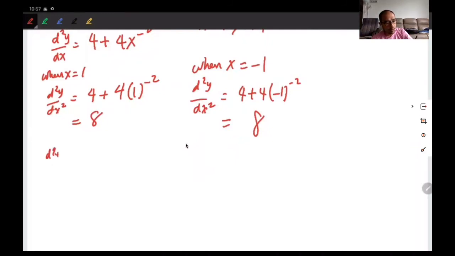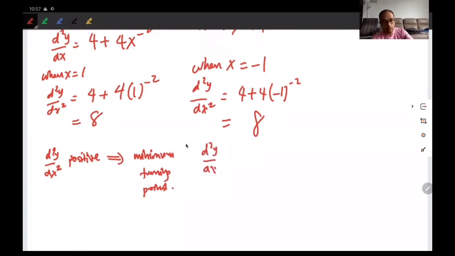So, if d2y/dx2 is positive, this means that this is a minimum turning point. If d2y/dx2 is a negative number, if after calculating I get a negative value, this means that it is a maximum turning point.